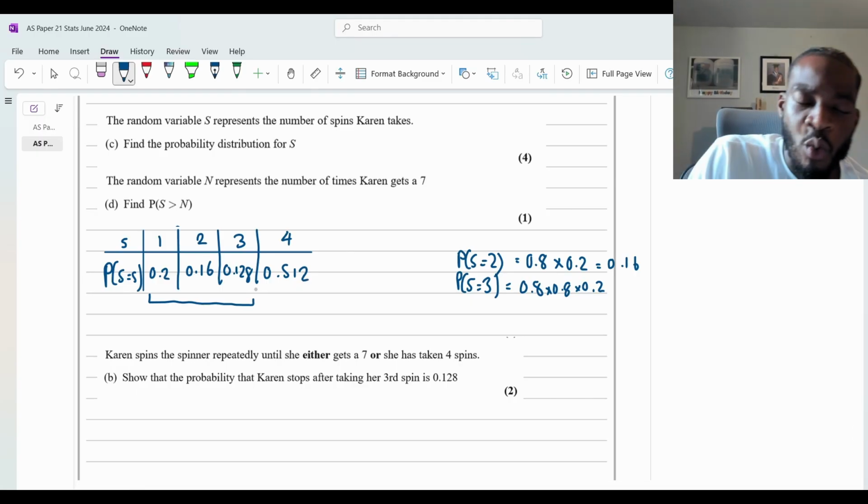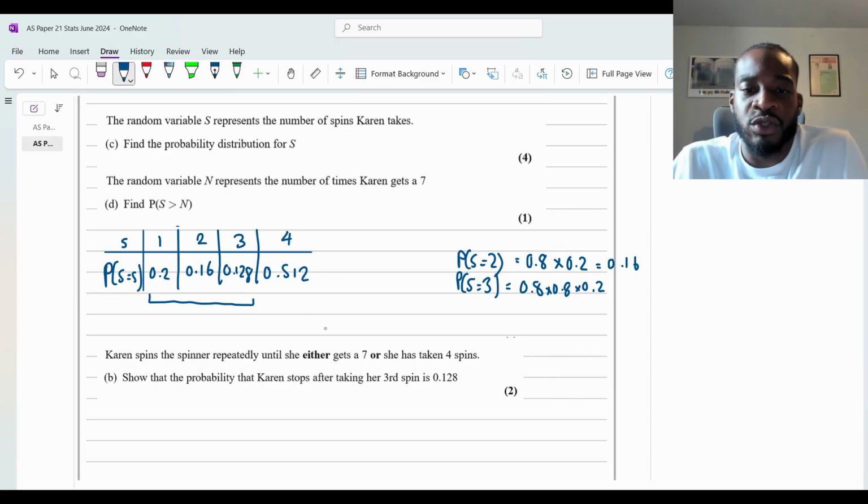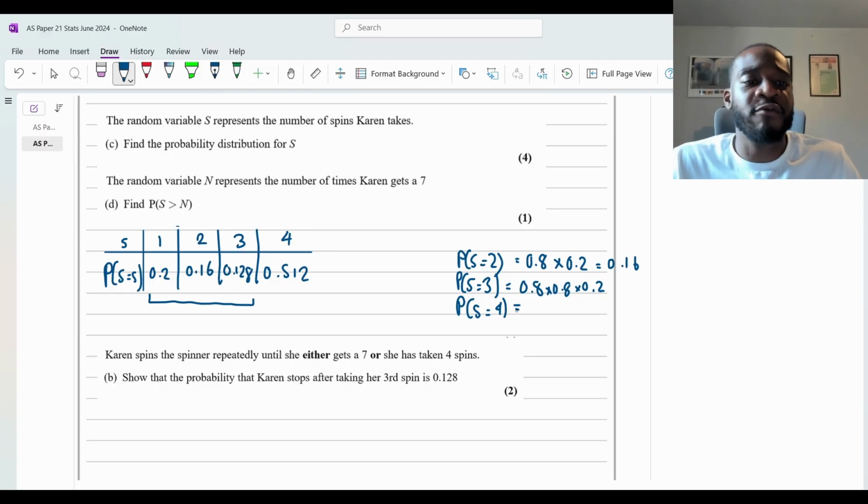However, the other way that you could do this, which is really good for your understanding as well, is to say, well, what is the probability of S equaling 4, right? If you were to think about it, how would you compute that? Well, S equaling 4 means that you've spun it 4 times. So the question is, how could you spin it 4 times? Are there multiple ways? There are.